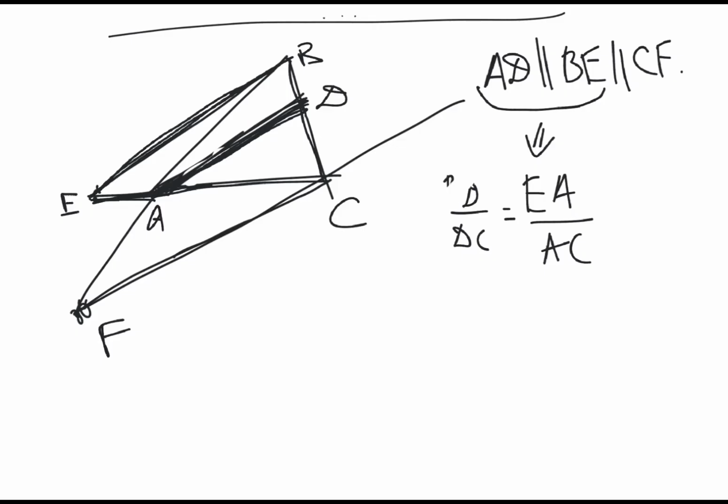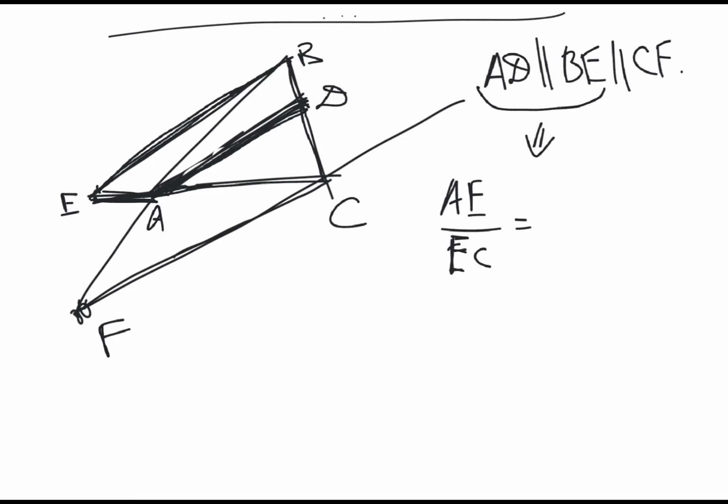So let's write AE over EC, so this is the ratio that we need, and this is equal to, for the parallel lines, GB over BC. This is simply because of the similar triangles, right?